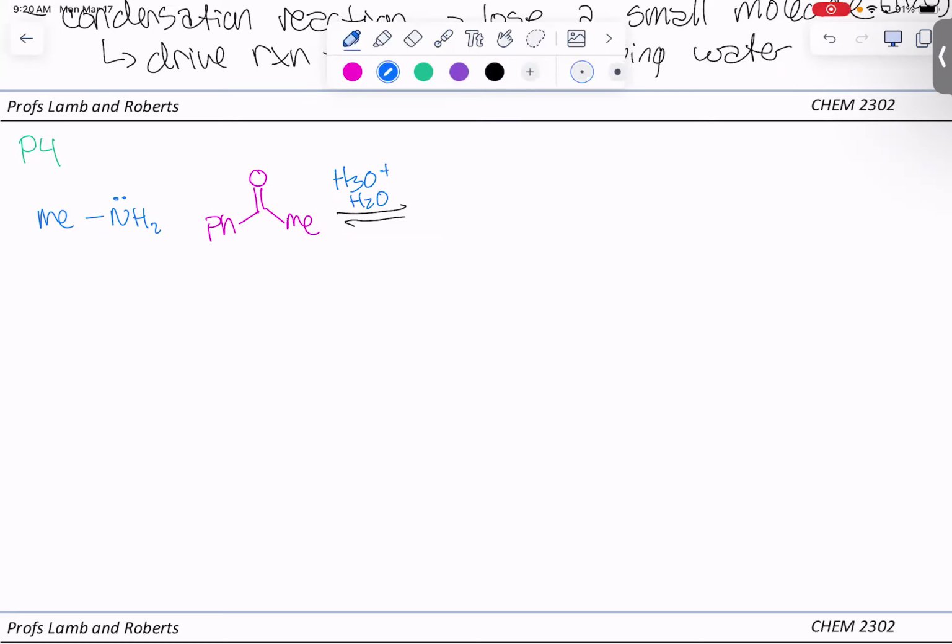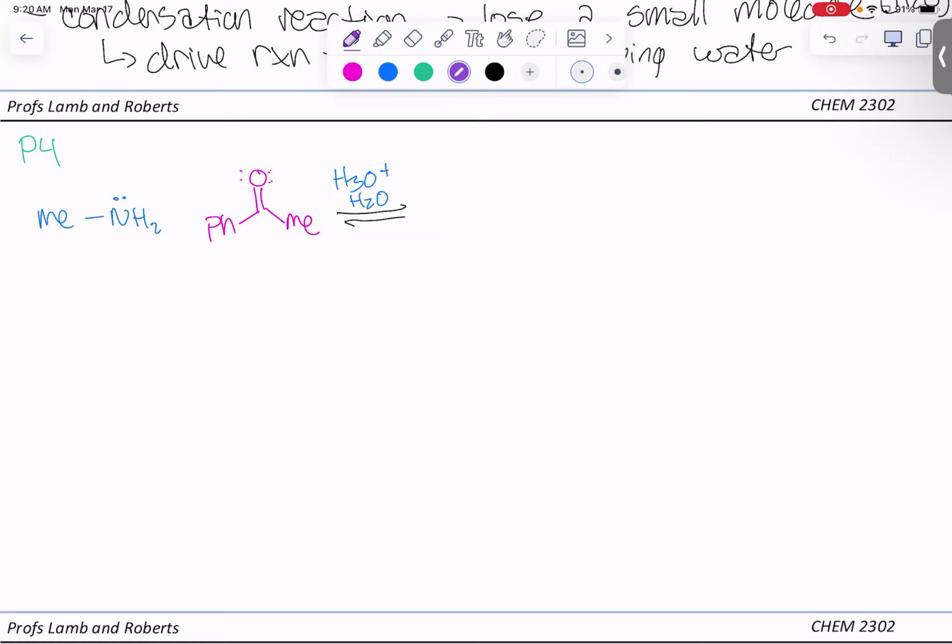Unlike what we've seen before with acid catalyzed reactions, our acid catalyst here is just going to be there for proton transfer. We're actually not going to protonate this oxygen here. The reason is that our amine is more basic, so oxygen would not be protonated in the presence of the amine.